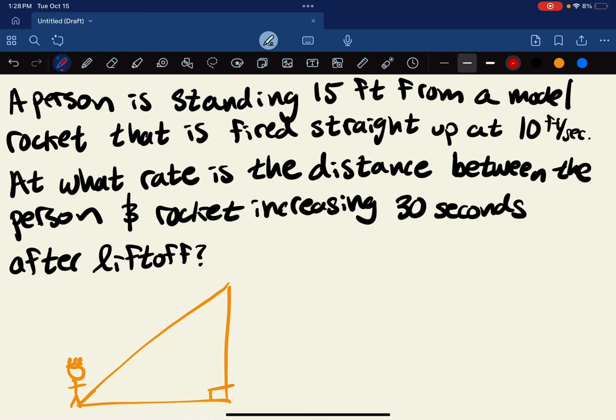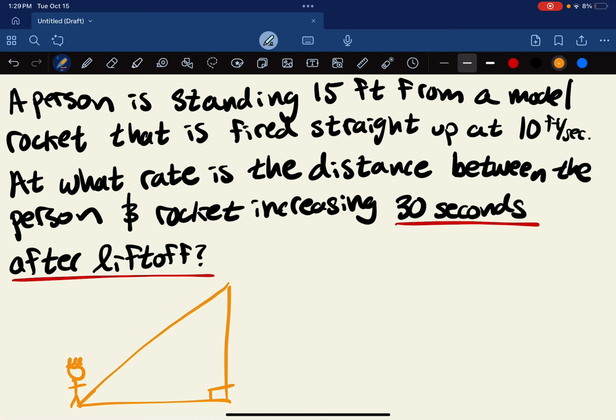The giveaway that you're talking about an instance is the word when. There's no when here, but we're talking about 30 seconds after liftoff. That's a specific point in time, so that's the dead giveaway that this is our instance.